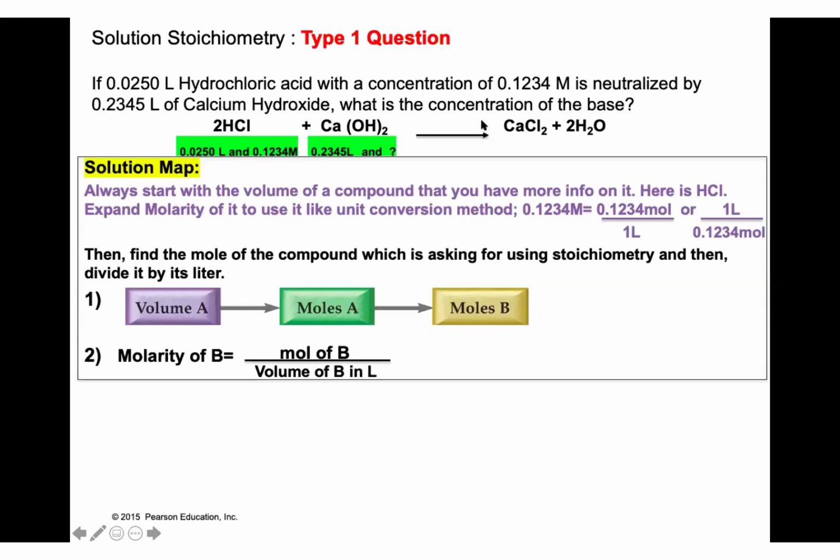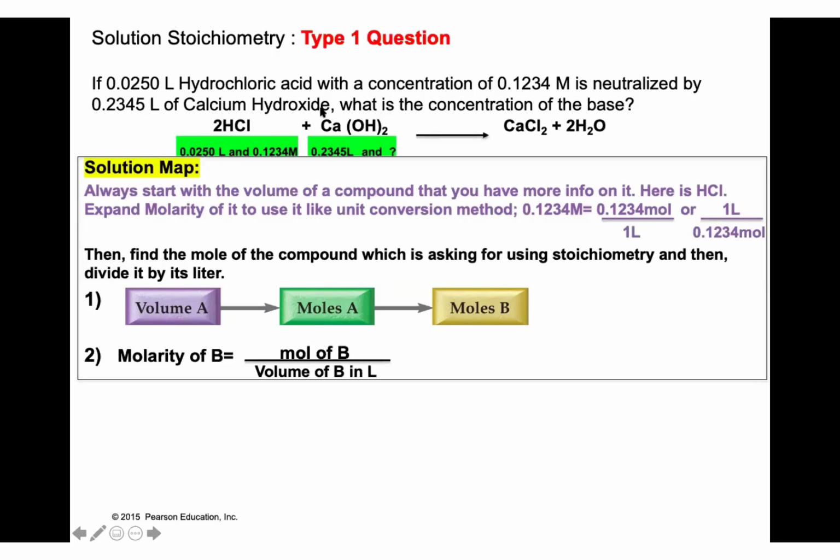So in this type of question, guys, if you pay attention, they give us one molarity, which is associated with its liter of this compound. If I abbreviate it, they gave us 0.0250 liter of 0.1234 molar HCl, right?